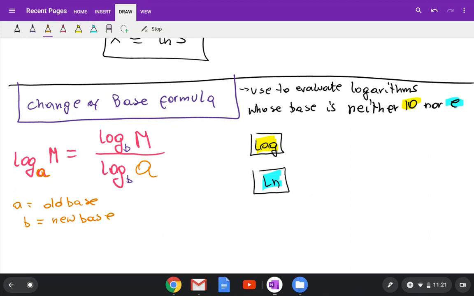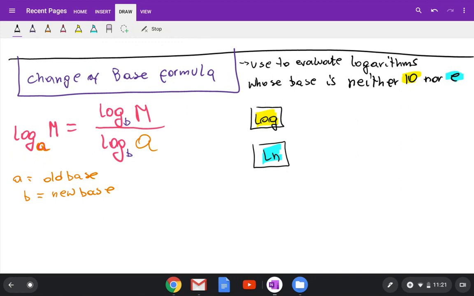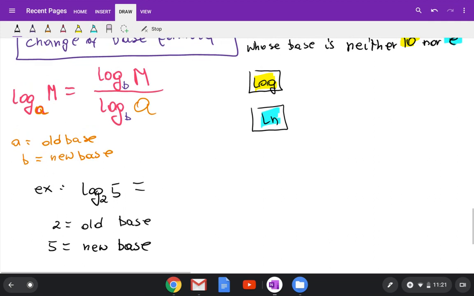Let me give you an example. So this is the change of base formula. Example: log base 2 of 5. I want to evaluate that. So 2 is my old base. I want to rewrite that using 5, which will be the new base. This is how I'm going to do it. I follow the formula.